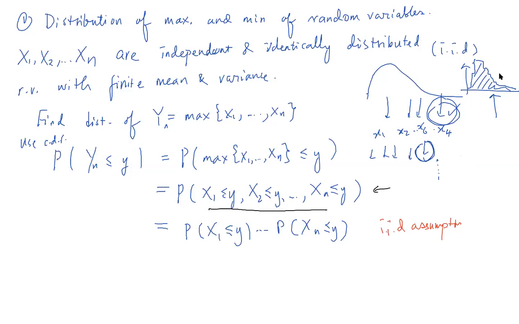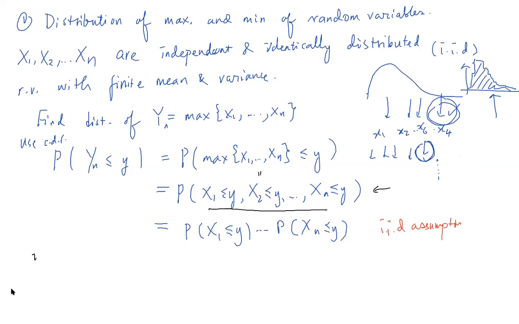Okay, if I tell you that the highest score in the class is 65, it means that everyone got marks that's 65 or less. Okay, that's for sure, yeah. So that's why this part is equivalent, yeah.